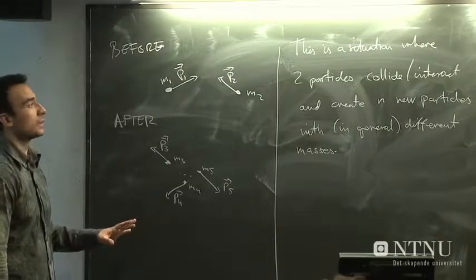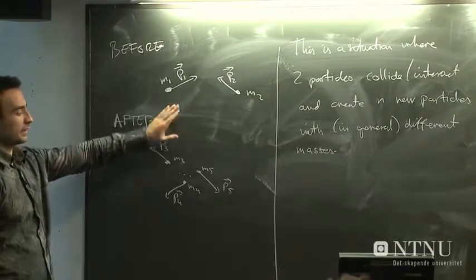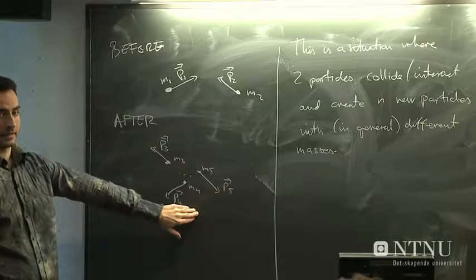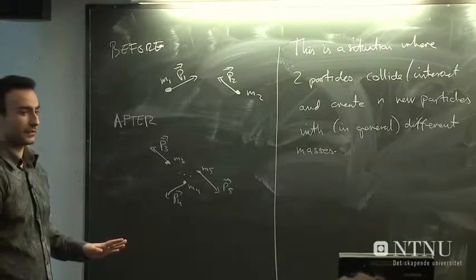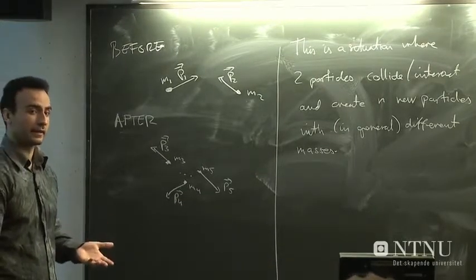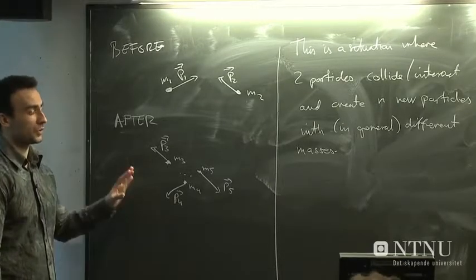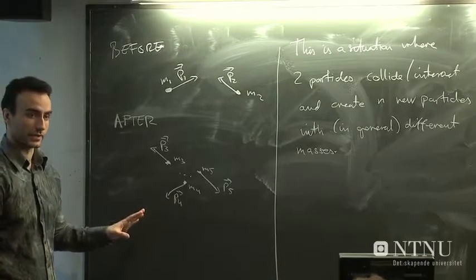The only thing we know is that two particles collide and particles are created. But we know nothing about the details. So what could we possibly say? How could we possibly analyze such a complicated situation?